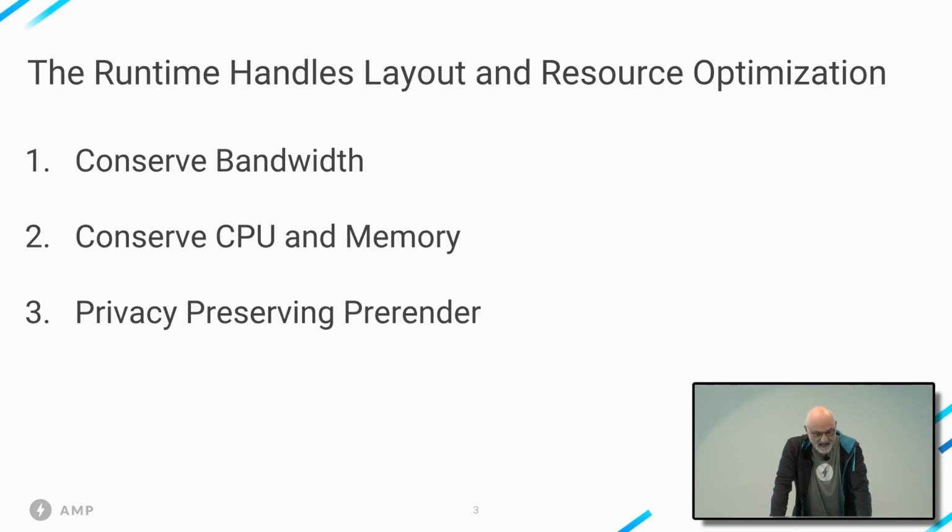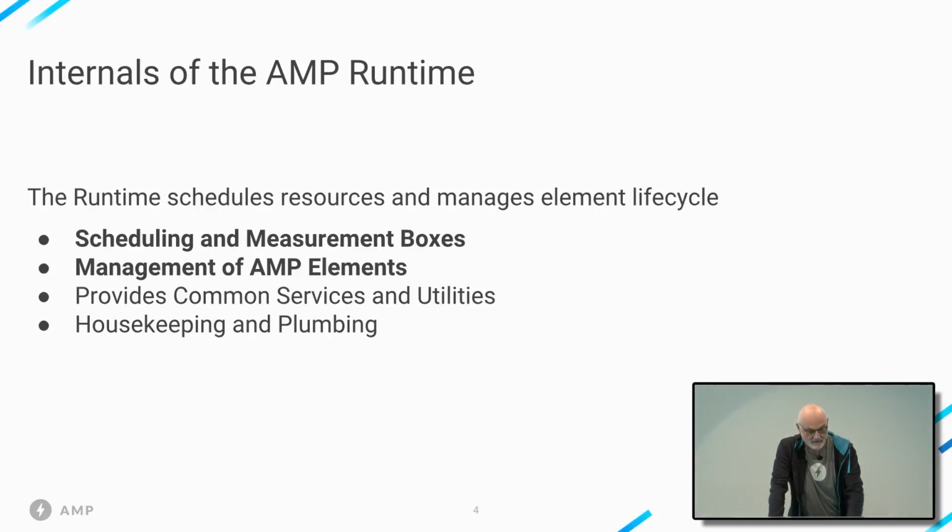To do that, we have to override the browser's natural behavior. So the runtime's going to do a bunch of things to do that. The four big things: scheduling, measuring, so it knows what's where on the page and when to instantiate it.